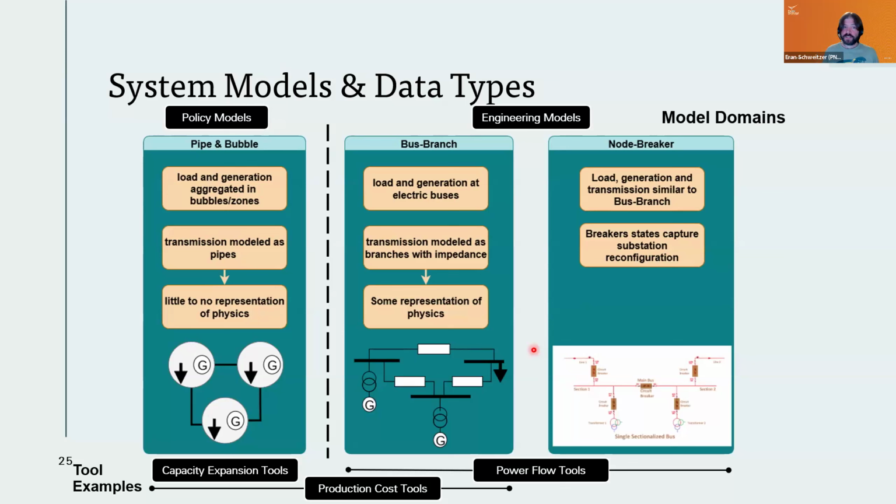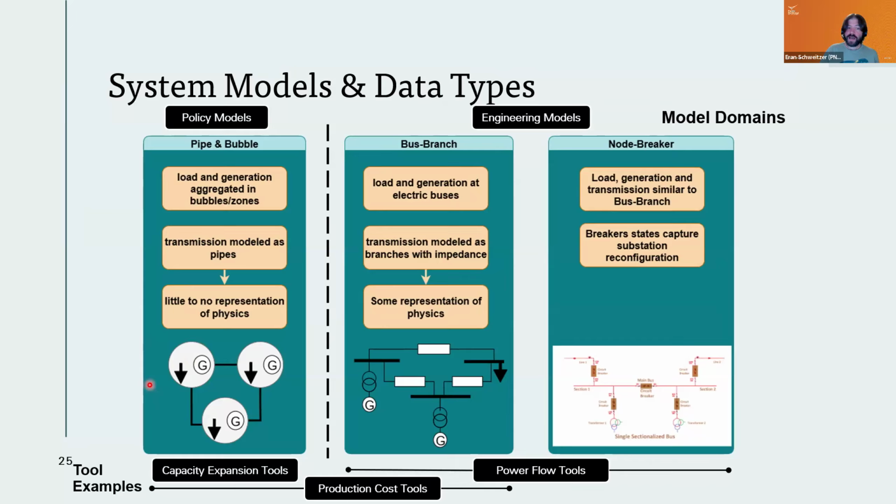We can break down system models and data types, roughly speaking, into three general categories as I have laid out here. We're going to start on the left, and we have what are often referred to as pipe and bubble models. In these, you have pipes or bubbles, hence the name, that aggregate load and generation within them, and then connect between these areas with pipes.